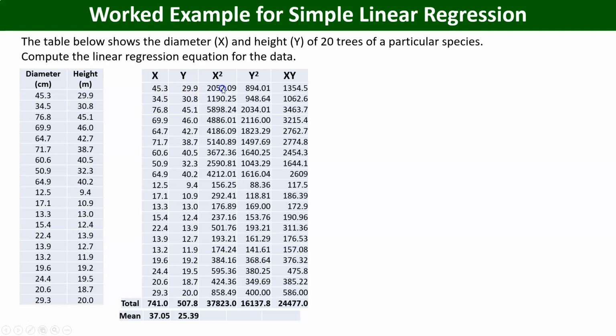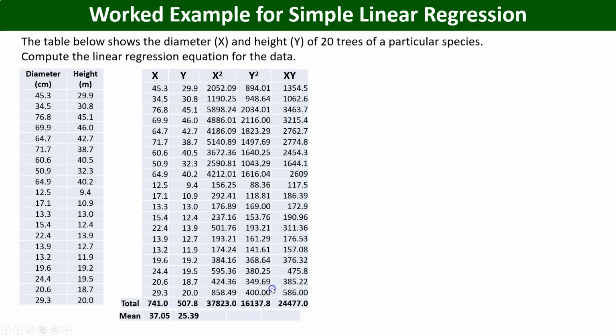The square of it is right here, 2052.09. So we do that for every single value of x. So we obtain x squared. Also, we square each value of y to obtain our y squared. And then next thing we do is we multiply x and y together. So 45.3 times 29.9 gives us 1354.5. So that way we obtain the sum of product xy.